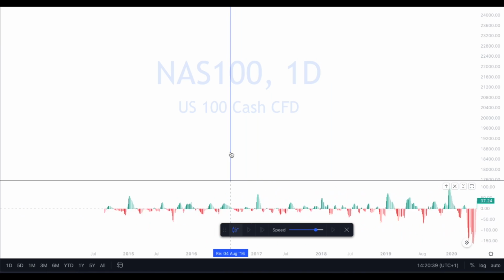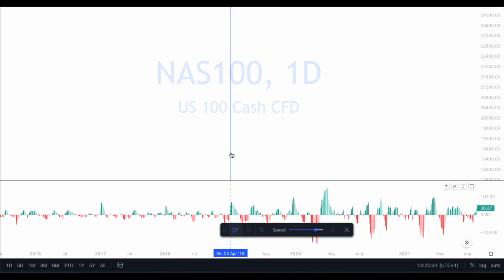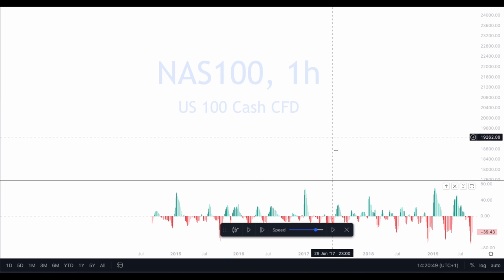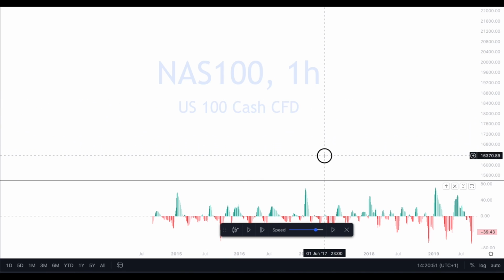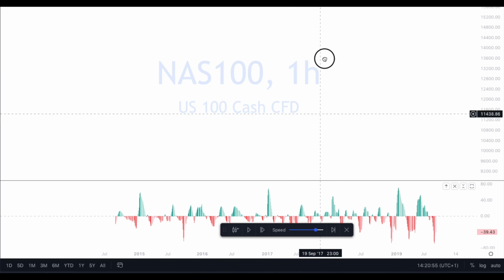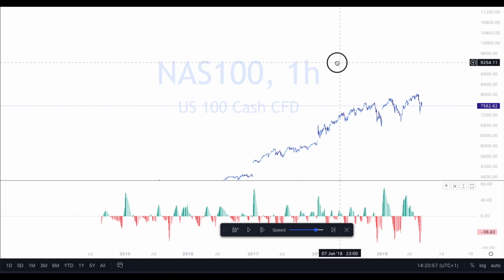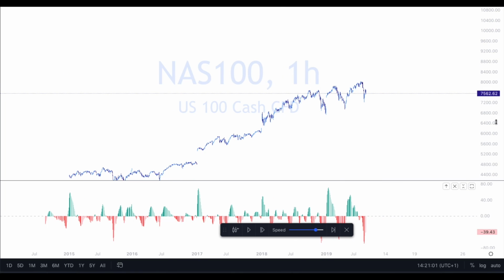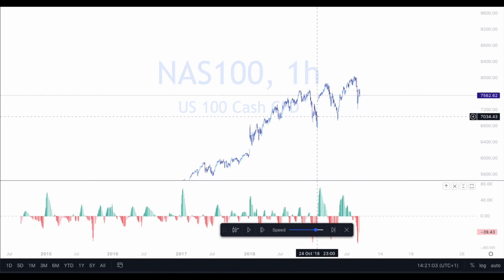It's gone too far back, so let's just chop it from, say, here somewhere. We're going to go into the hourly, and then I'm going to bring the chart back up.